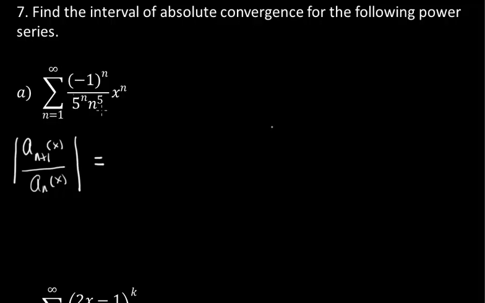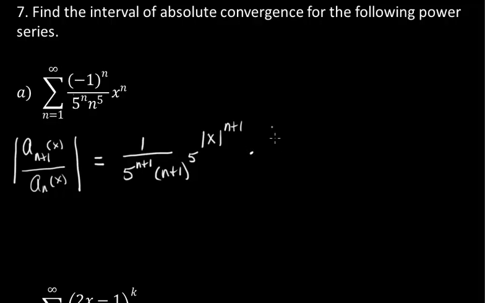That's just 1. So for example here I would write 1 over 5 to the n plus 1, n plus 1 to the fifth, and I have the absolute value of x to the n plus 1.